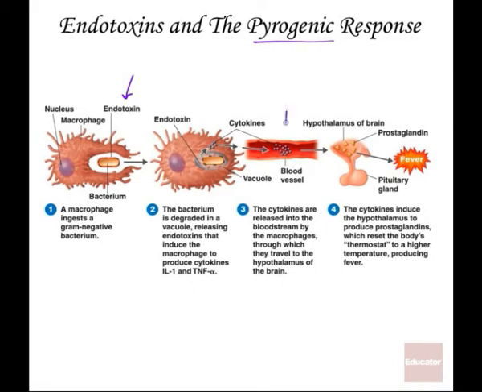These cytokines trigger inflammation as well as fever, because the cytokines travel to the hypothalamus, and it's the hypothalamus that causes the metabolism of the body to increase, and then the temperature goes up.